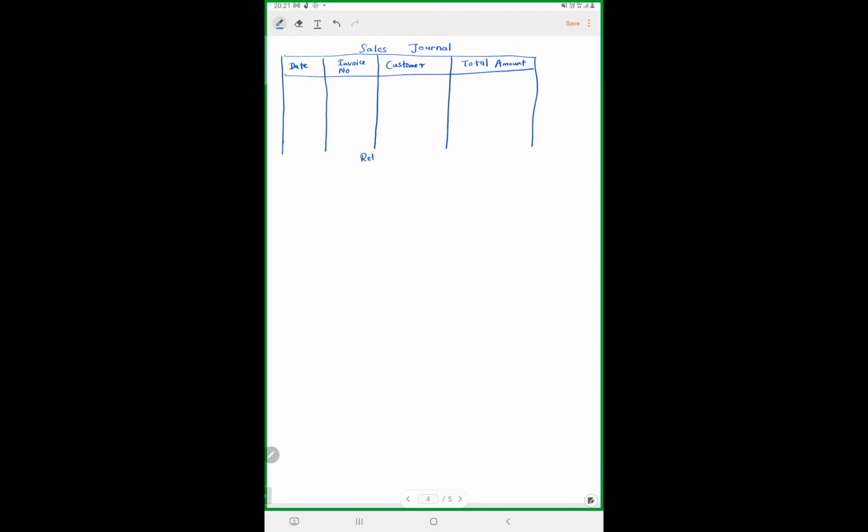Next, the return inwards journal: date, credit note number, customer, total amount.